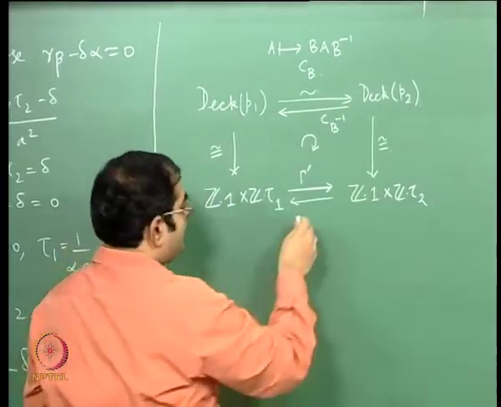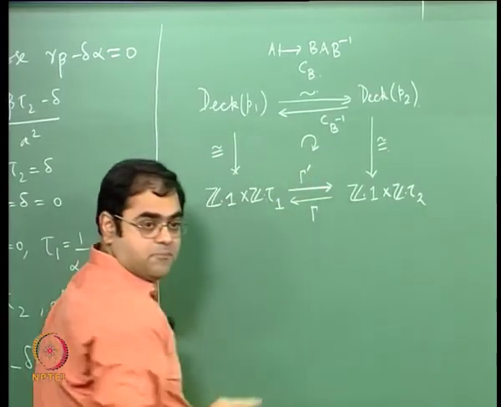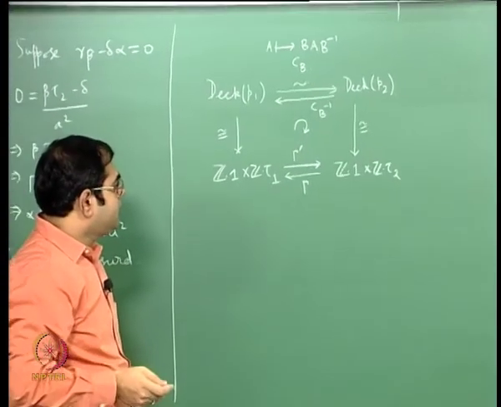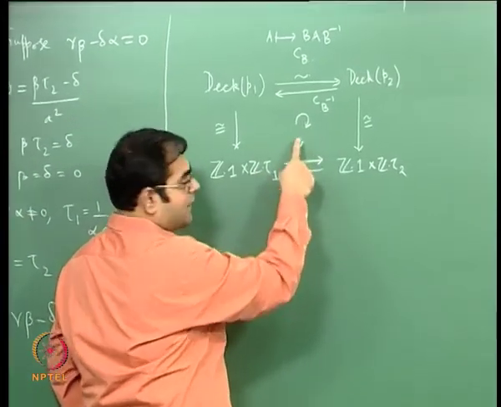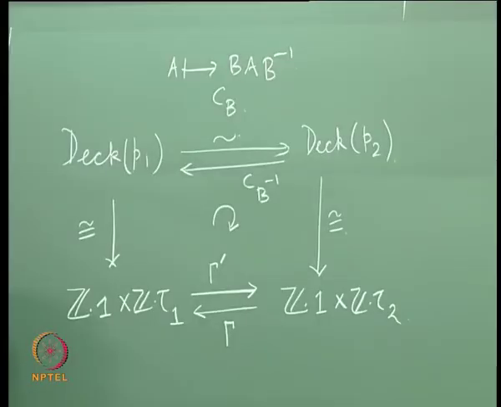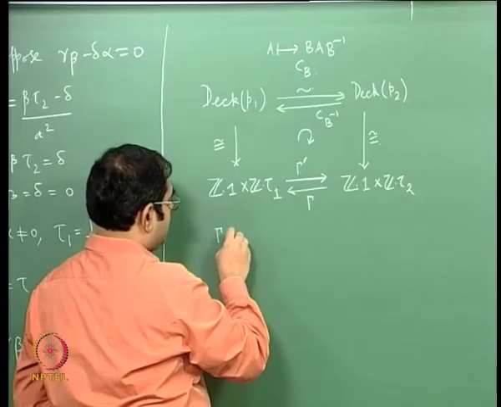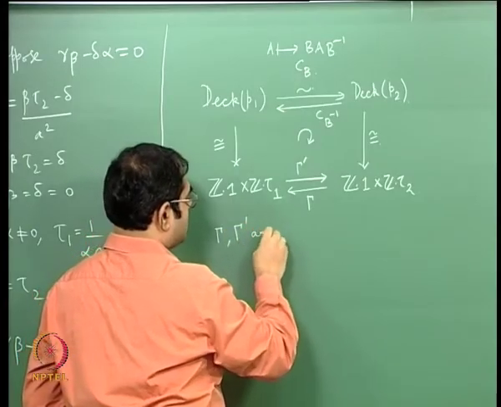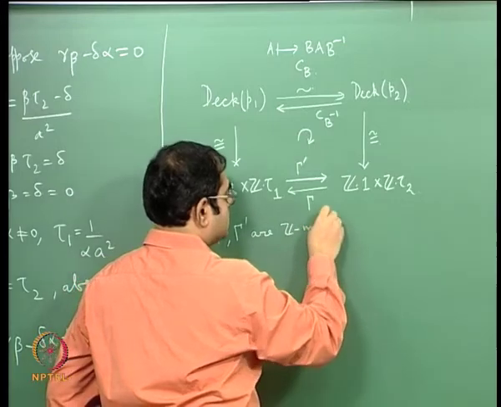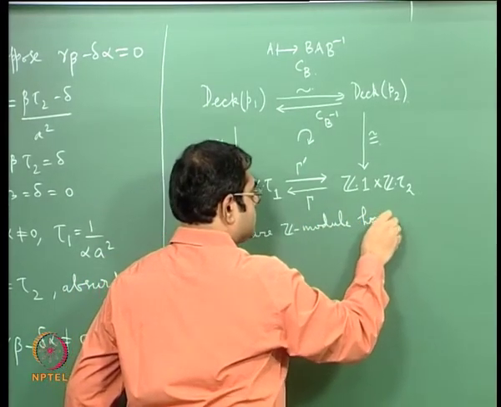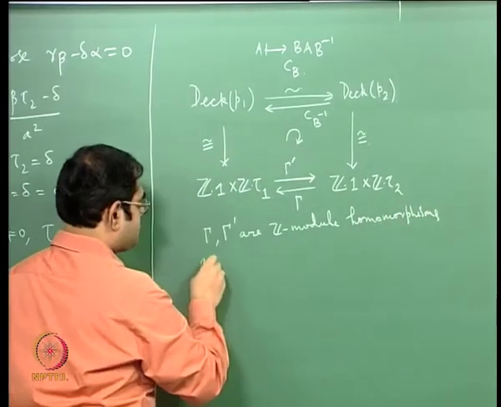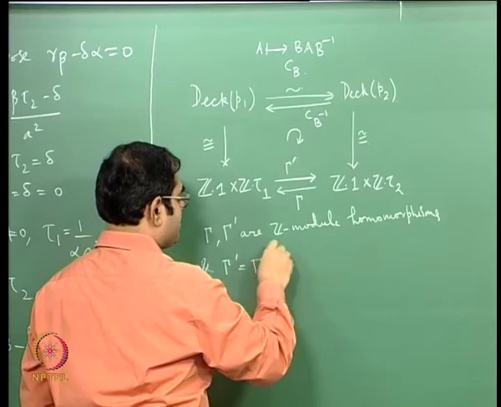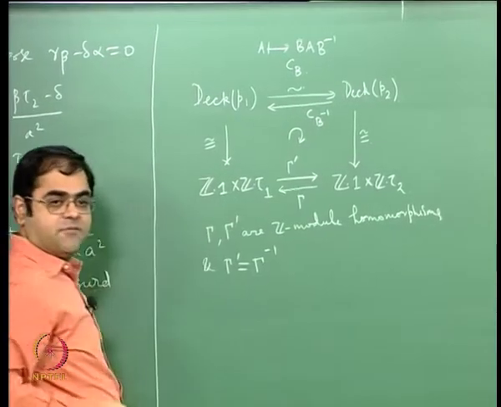So I have this gamma and I have gamma prime, and it is obvious that gamma and gamma prime are Z module homomorphisms, and of course gamma prime is gamma inverse, by the very way it is defined.